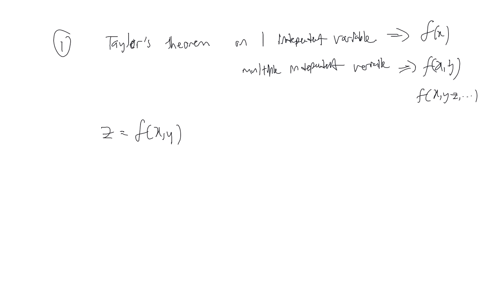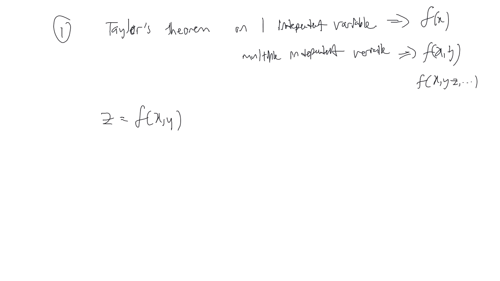Then using Taylor's theorem, I'm going to state the results only at the end. So let's say this axis shows your x value, this y axis is the y value, and this one is z, because of x and y.